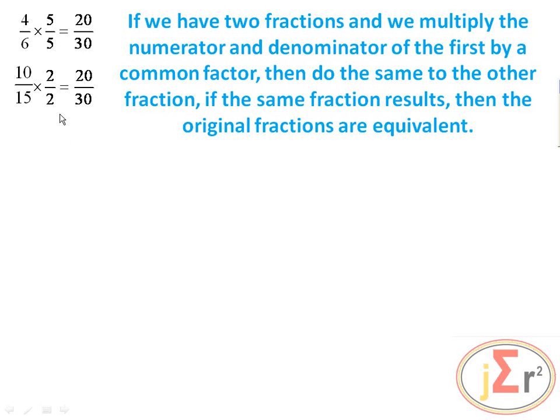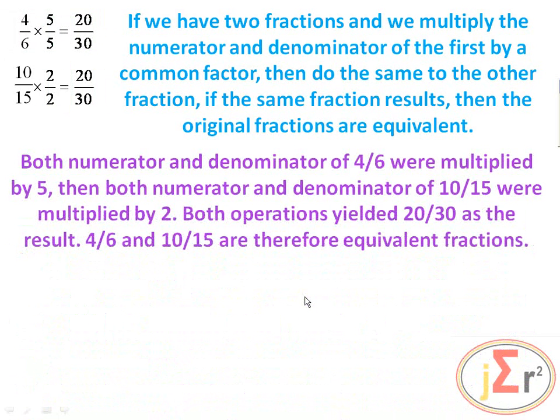So we multiplied the two fractions that we had there, one by 5 over 5 and the other by 2 over 2, and the results are the same. Both numerator and denominator of 4 over 6 were multiplied by 5.